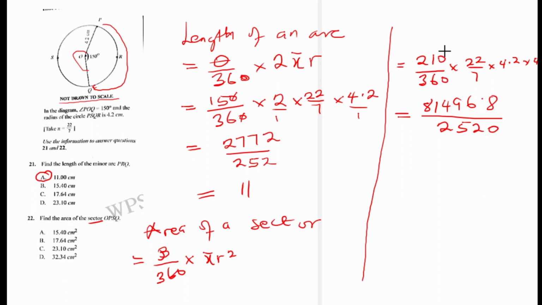Remember, this time we didn't cancel. If you did the cancellation, it would have given you 8,149.68 over 252. So whichever you do, the answer will still be the same. And when you divide the two of them, you are going to get 32.34. And looking through the possible answers, that will be option D.